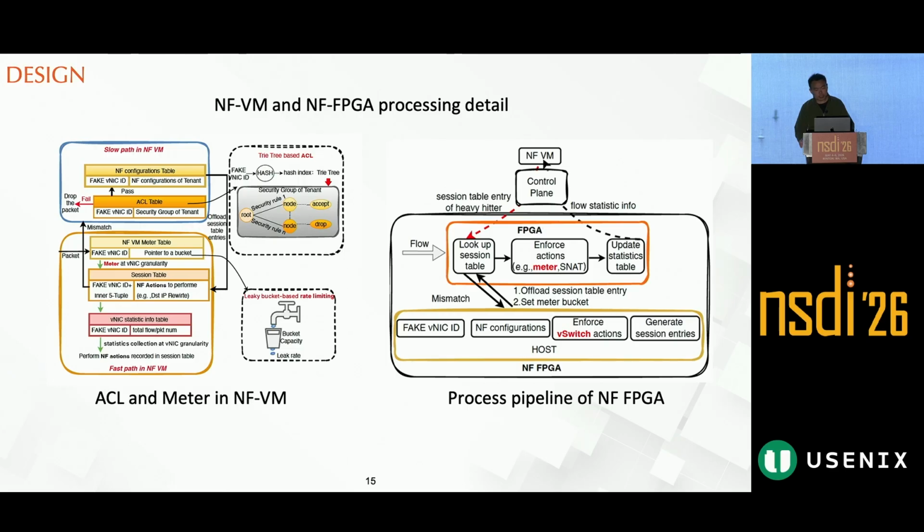Then, if a packet misses the fast path session table, it enters the slow path and matches the pseudo-VNIC ID and the inner 5-tuple against the tenant security group. On the NF FPGA side, we also implemented a unified session entry format using a key of pseudo-VNIC plus inner 5-tuple, and a pipeline including a vSwitch stage and an NF stage.